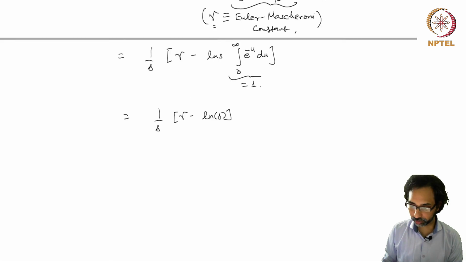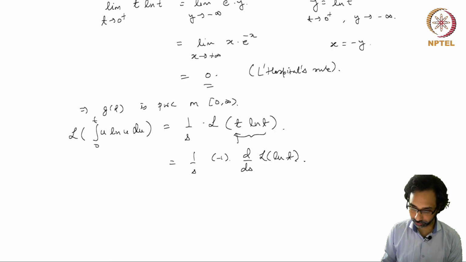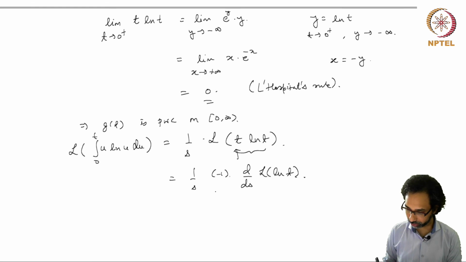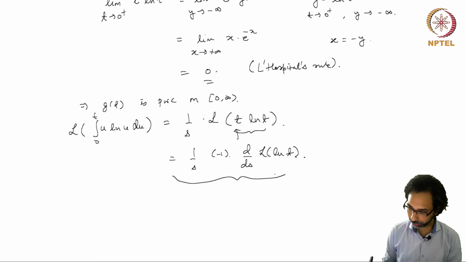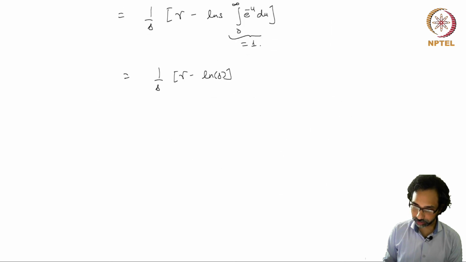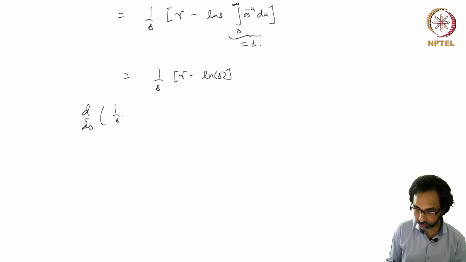So now we go back to our original function. This was what we wanted to compute. We have already computed the Laplace transform of ln t, and we have to take the derivative, and there is a minus 1 over s sign. So let's compute the derivative of 1 over s times gamma minus ln s.